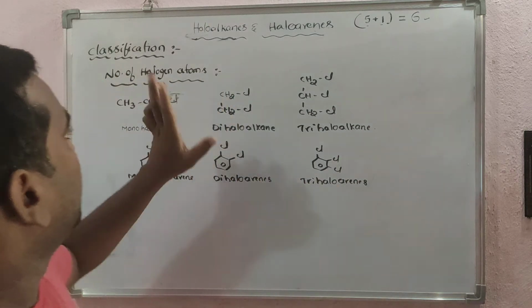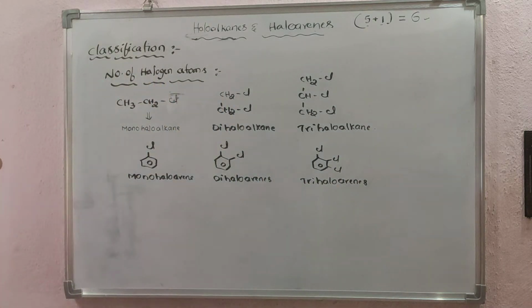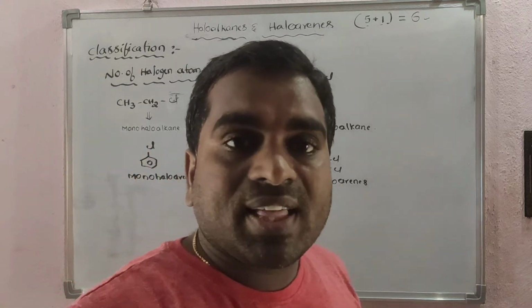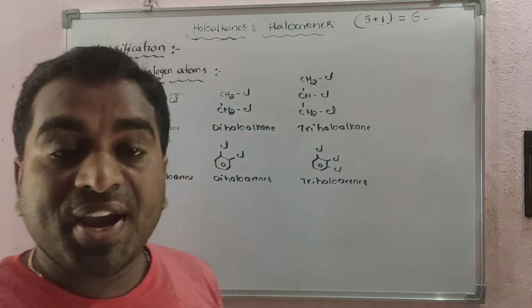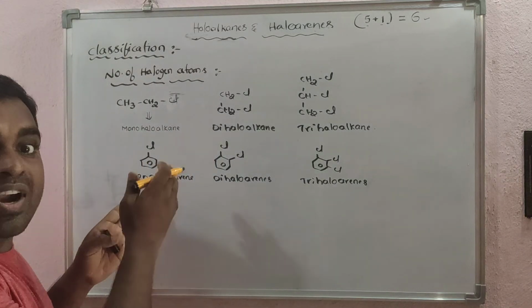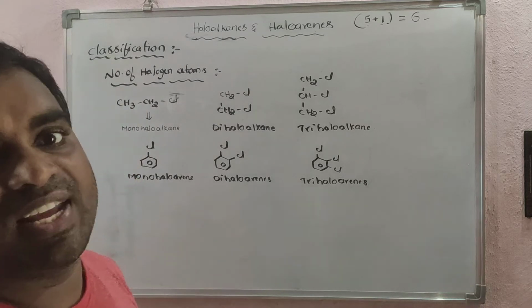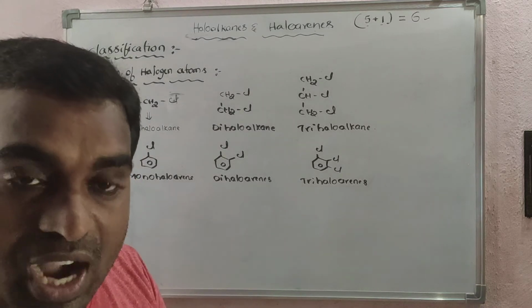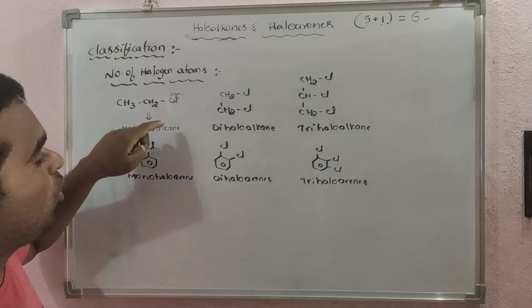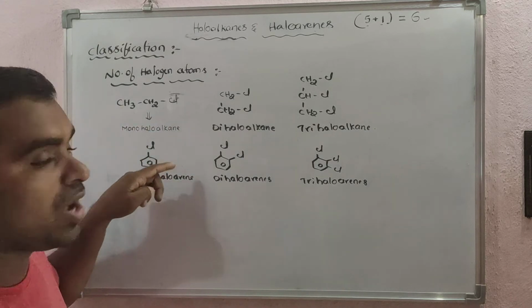Clear? This is classification. And now these monohalogenated compounds are further classified based upon the hybridization of carbon to which halogen is attached. Which compounds am I saying here? Monohalo compounds. It can be monohaloalkane or monohaloarene.